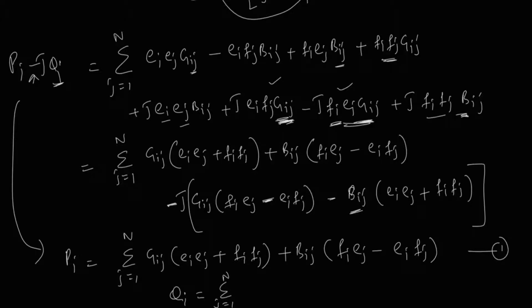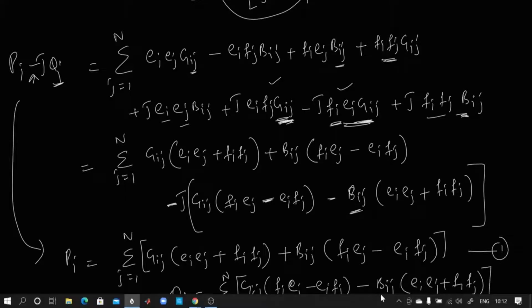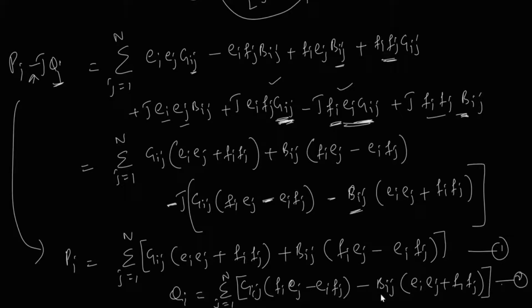Now I can write down simply Gij into (Fi Ej minus Ei Fj) minus Bij into (Ei Ej plus Fi Fj). That's it. So the whole bracket is there, and similarly the summation applies for both terms. Okay, now this is the second equation, right?